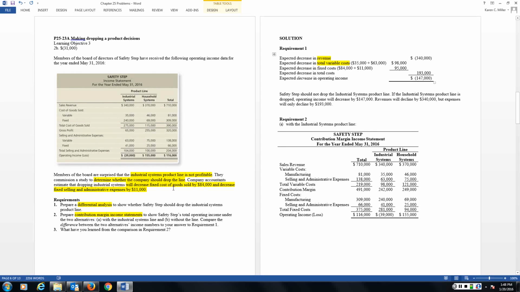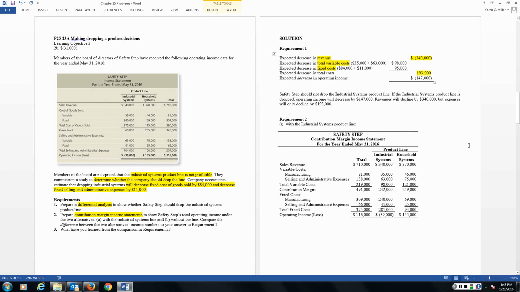But your text said you can also get rid of $84,000 and $11,000 in your fixed cost. In this case, where fixed costs typically do not change, there are some fixed costs here that are directly traceable to the industrial systems. They would go away if the system goes away, to the tune of $95,000. So if this is the case, then I am eliminating $340,000 in revenue, but I am only eliminating $193,000 in cost.